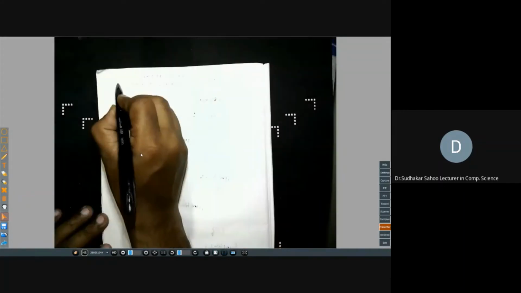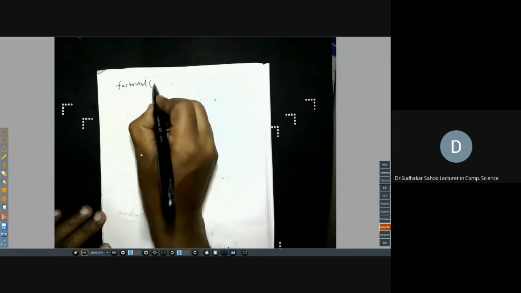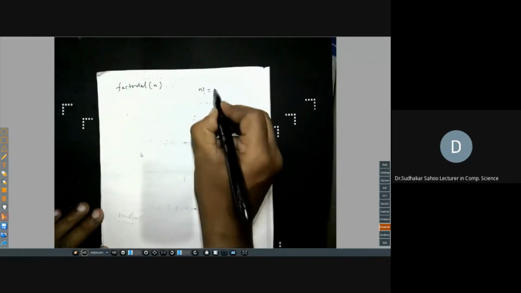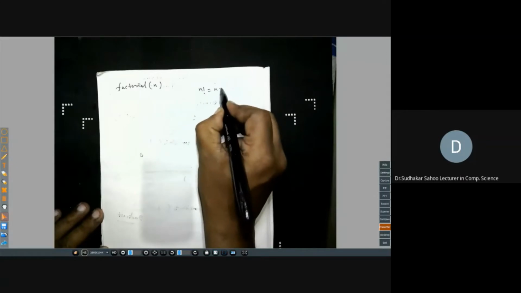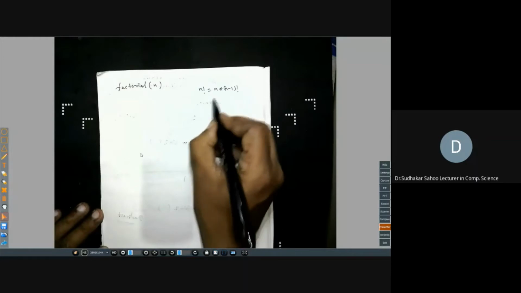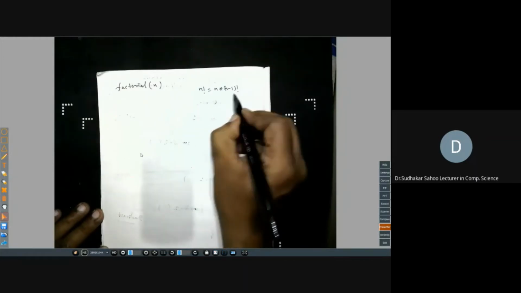So let us start. I will start with the first example, which we are all familiar with, factorial n. You know n factorial is n into (n minus 1) factorial, using recursion, and 0 factorial is 1.